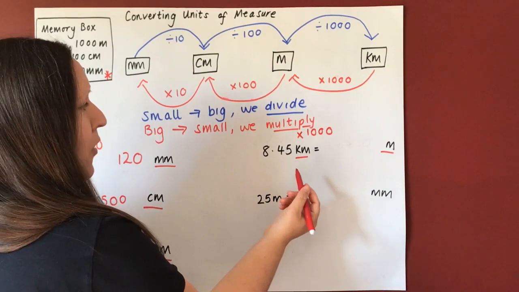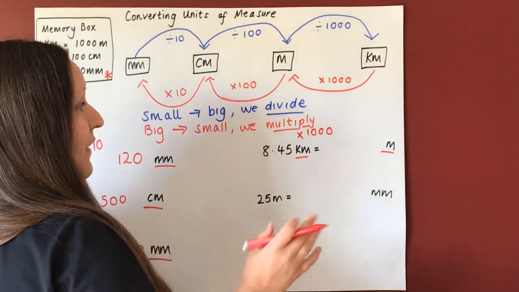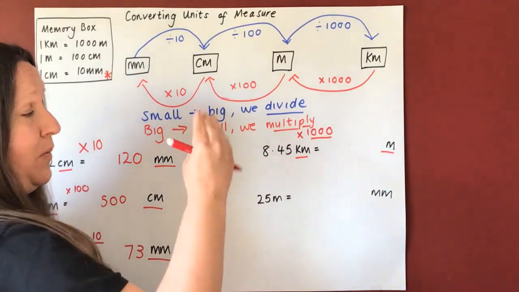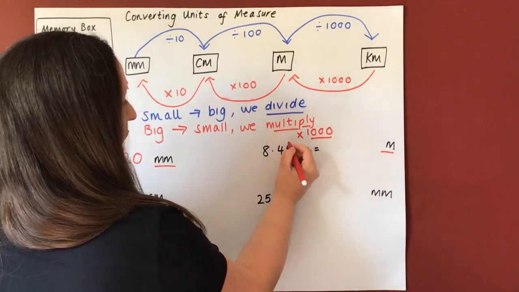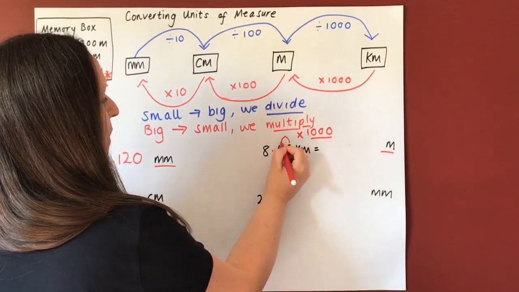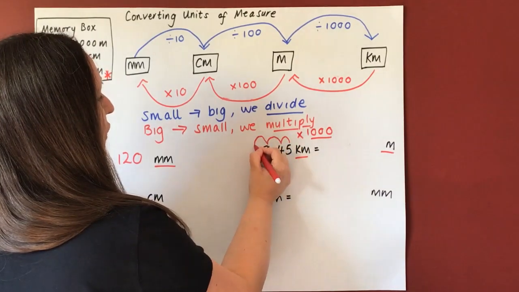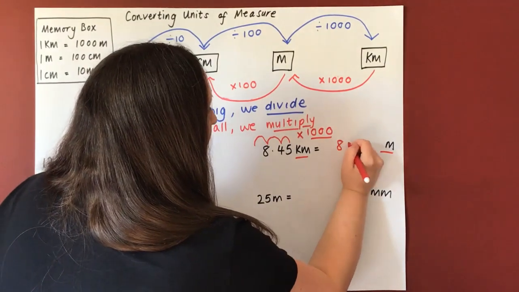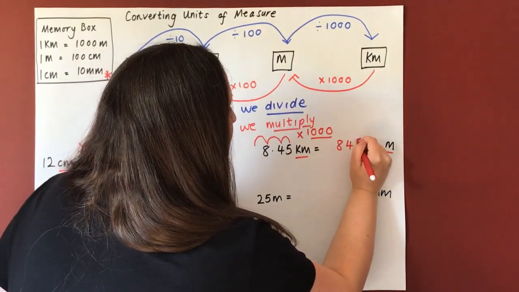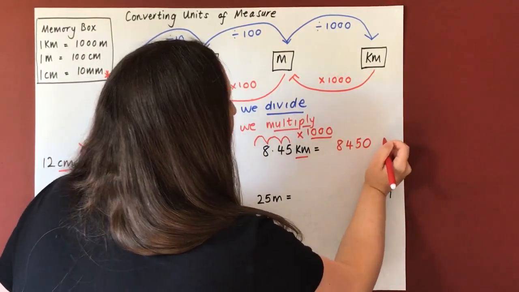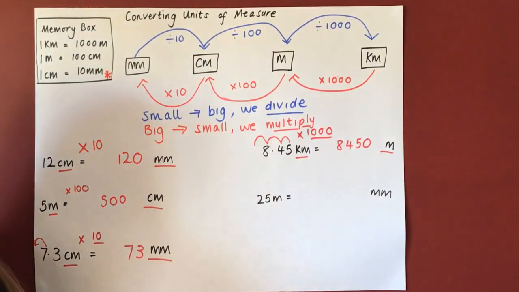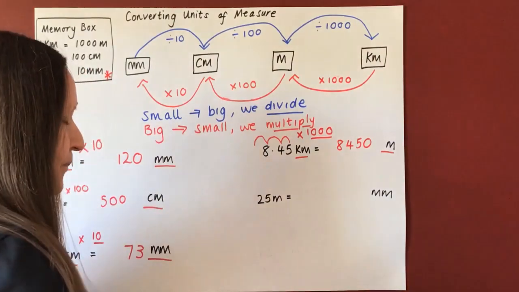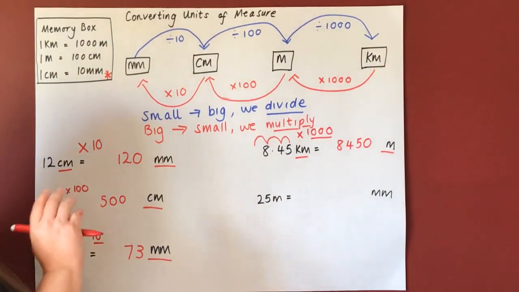And as I've said before, we're going to the left, and we need to go 3 spaces to the left because we have 3 zeros. So if you can imagine the 5, 1, 2, 3, the whole number shifts 3 places. So our answer will be 8,450 metres.